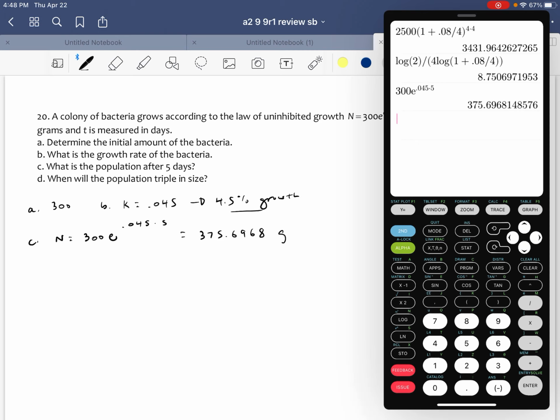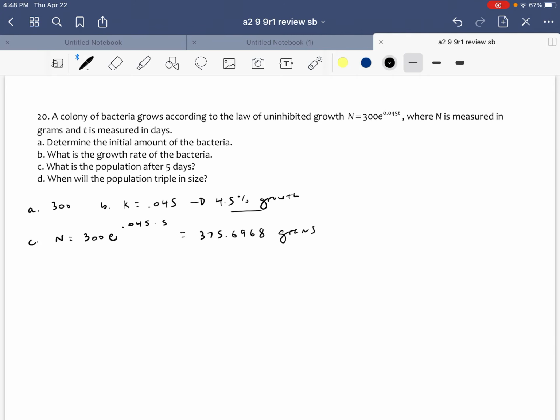And this is in grams. When will the population triple? So we start with 300, so we want to know when we have 900.